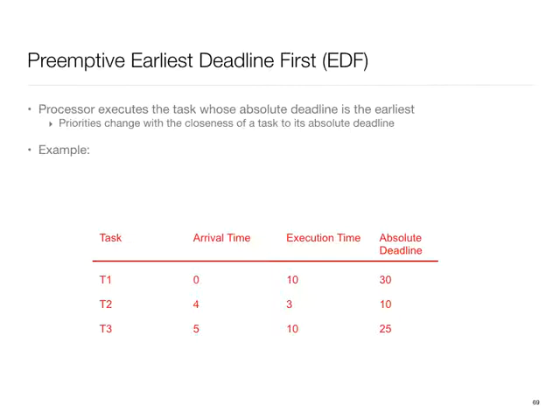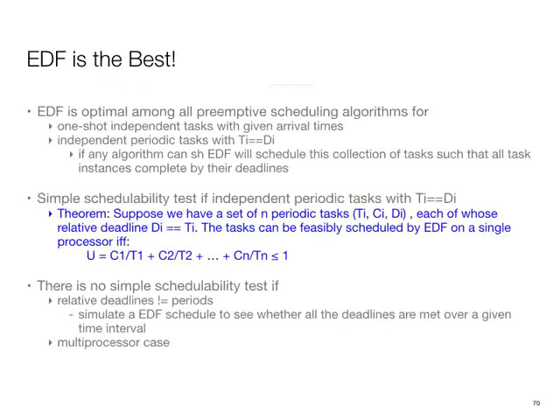Okay. Thank you. So that's EDF, and it turns out EDF is the best scheduler in some senses that you can imagine. Among all preemptive scheduling algorithms, that is all algorithms where the OS is allowed to stop a process and restart something else, for the case where period is equal to deadline, EDF is the best.